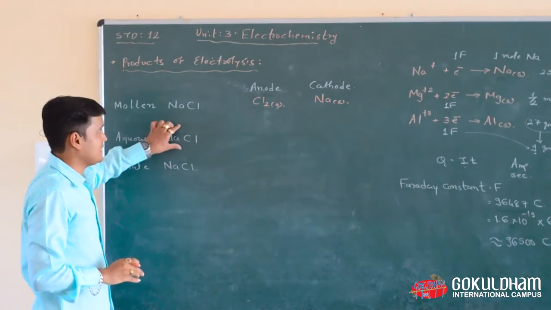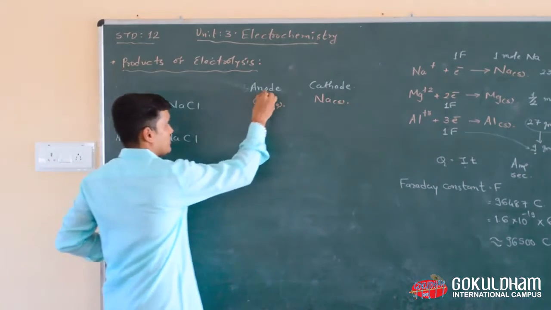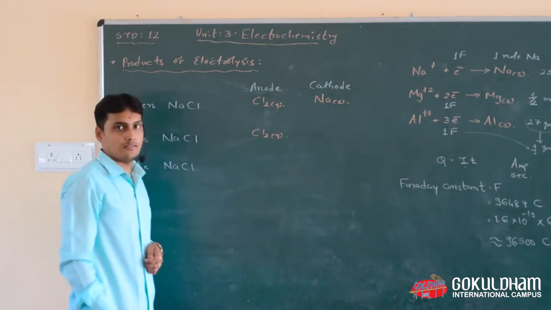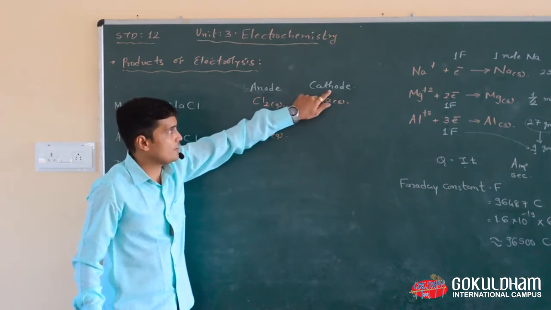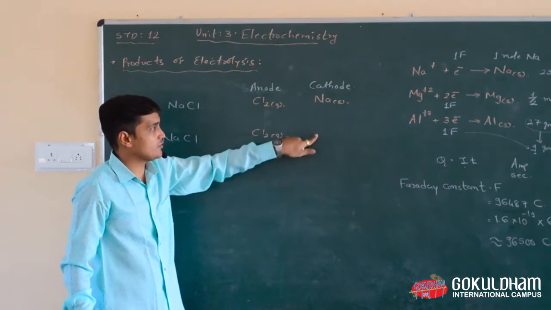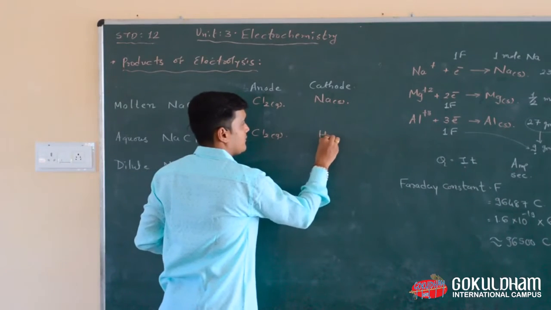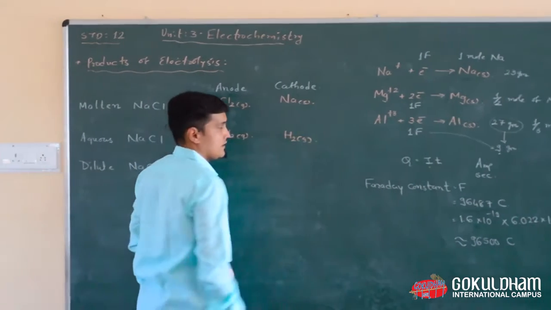In aqueous NaCl, the product on the anode is the same, Cl2 gas, but on the cathode side there is no metal ion or metal, but we get H2 gas.